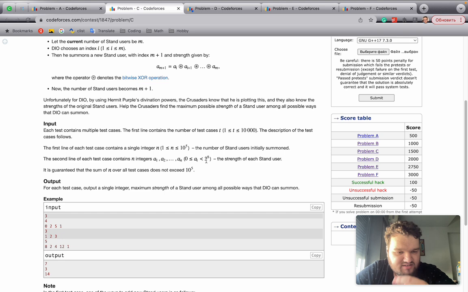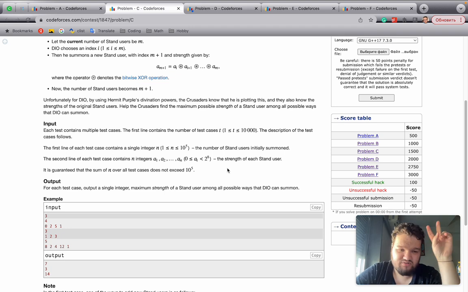And well, that is a standard problem, but here, because the limitations are fairly small, we can even do simpler than usual. We can calculate prefix XORs and mark all the prefix XORs that we have.